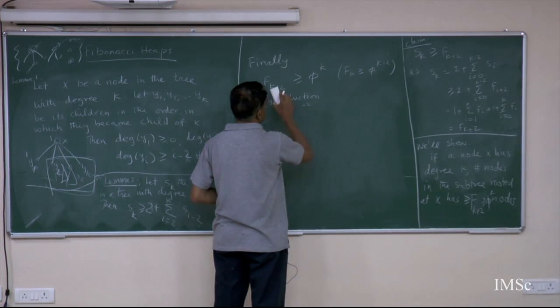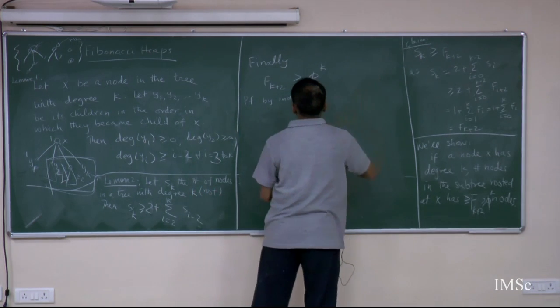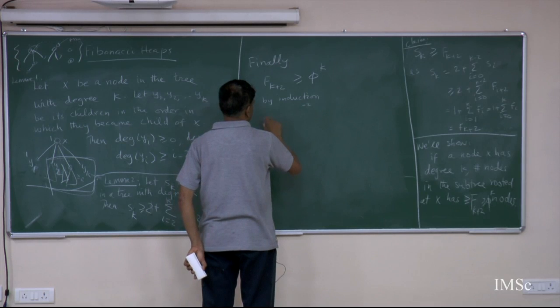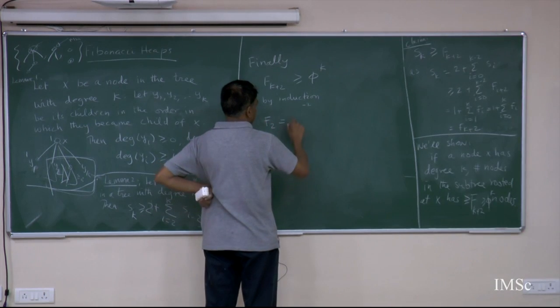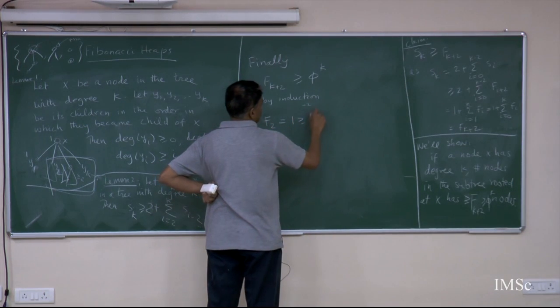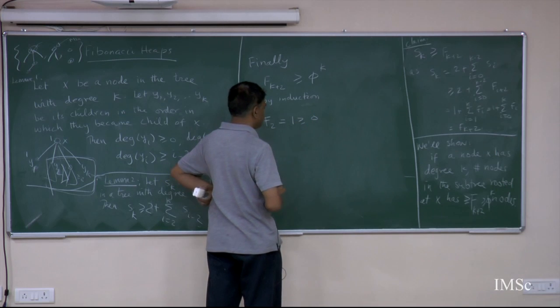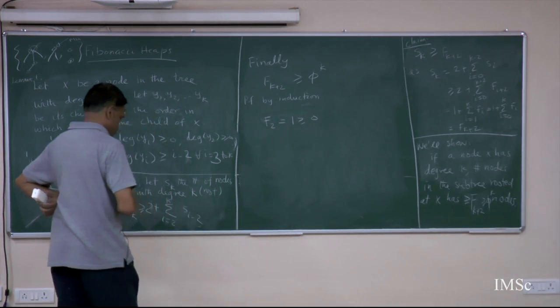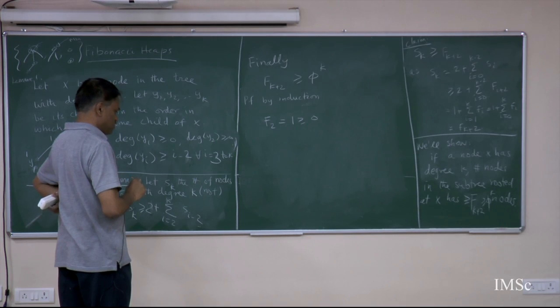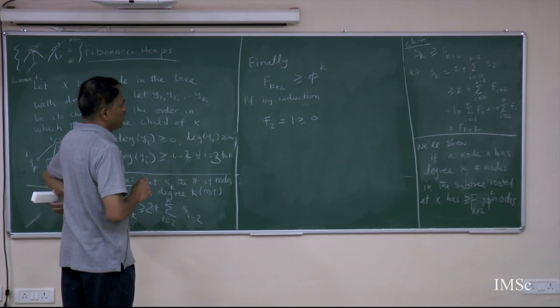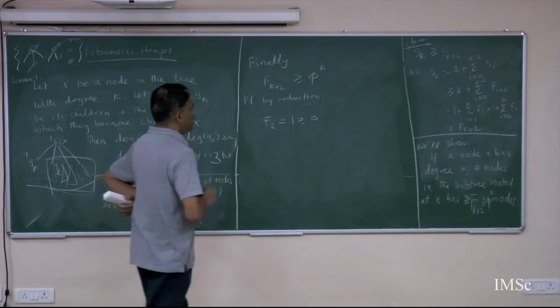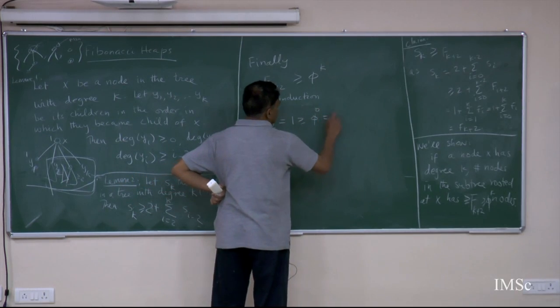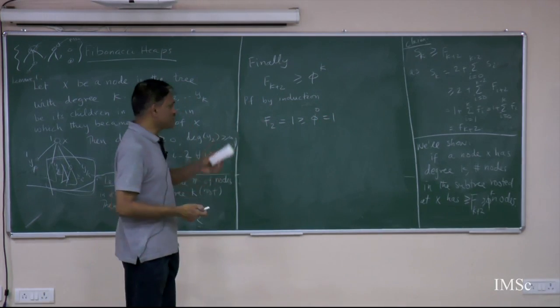Or let's just try and show this for k going from 0. I care only about F2. F2 is 1, which is greater than or equal to... F2 is 1, k is 2, power is 0, and I want to show that φ to the power 0 is 1. Yes, exactly. Right?